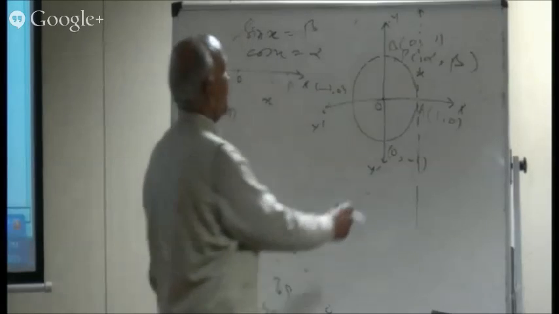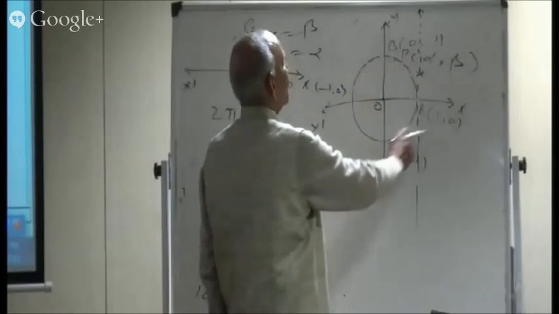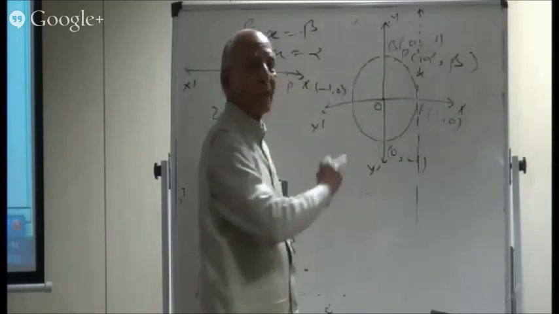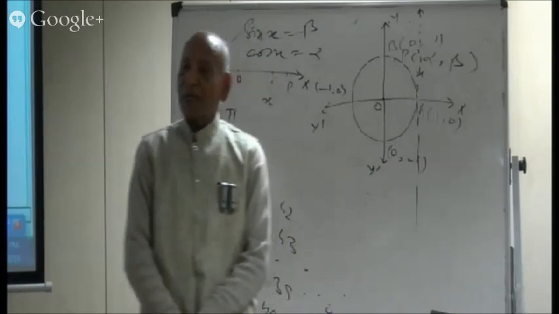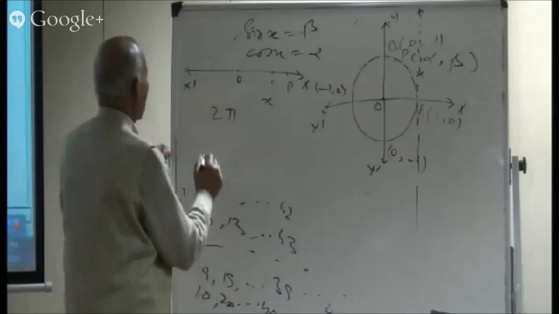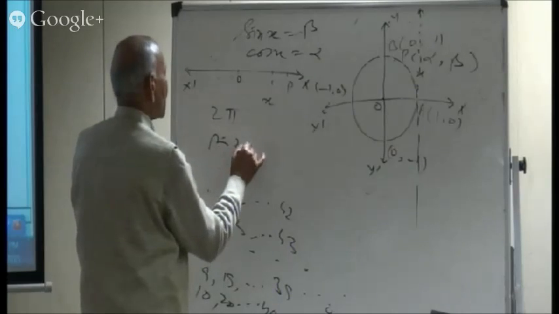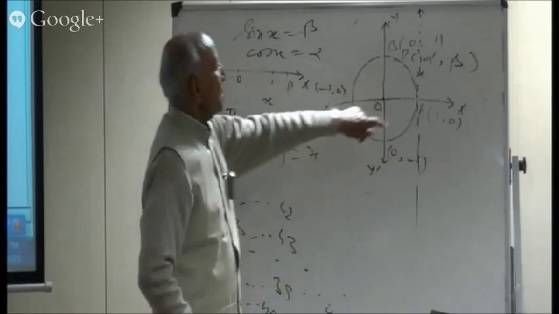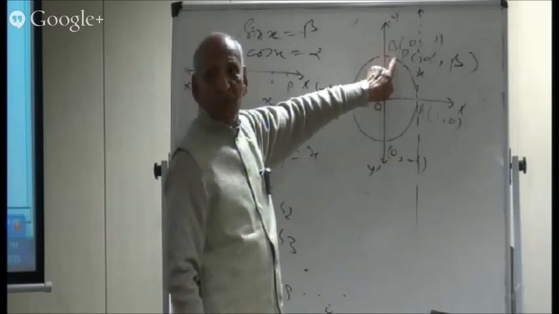And moreover, you can notice, we can take a round. You are here. So if you take one more round, what does it mean? We'll be getting 2 pi plus x. So does it mean that sine of 2 pi plus x will be equal to sine of x itself? So here you are at this place.